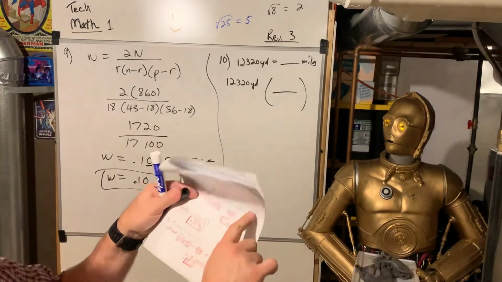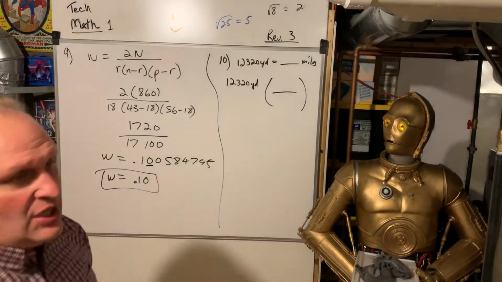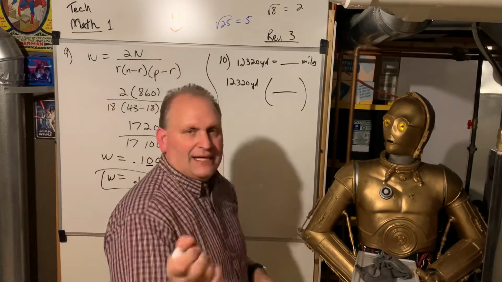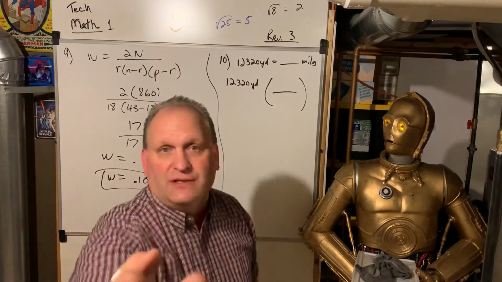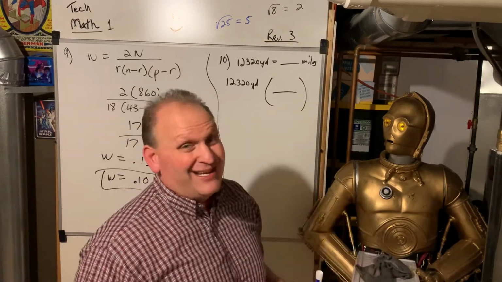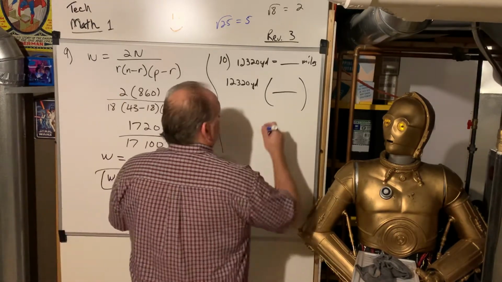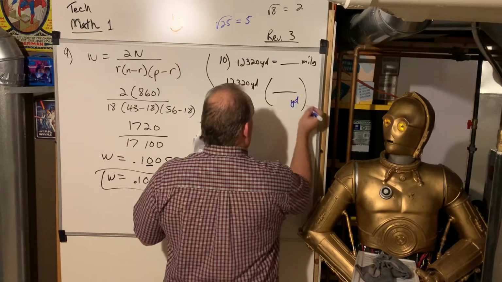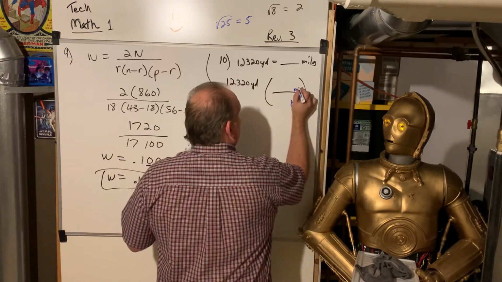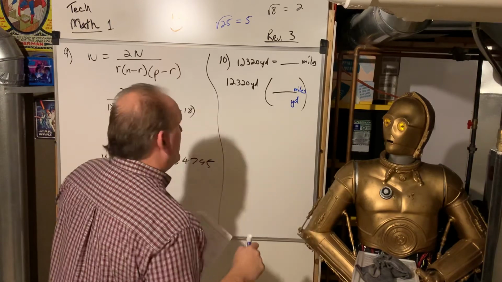In the blue book on page 237, they've got that conversion. There's also a sheet that came in your packet that has all the conversions on it. So if that's more convenient, you could totally do that. But with the book, it's probably got an example right there for you too, which I think makes it a little easier. So either way though, you can use the sheet or the blue book. This one was on 237.